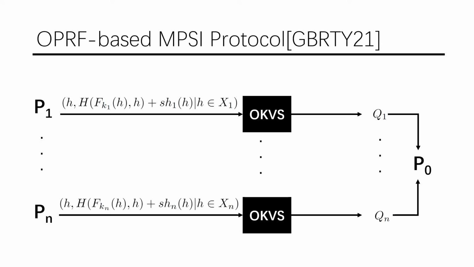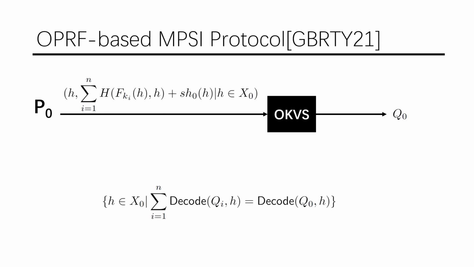Each party Pi generates an OKVS Qi, where decode of Qi at x is the OPRF output on x masked by the zero-share SHI(x), for every x in X. Only if all parties hold an element do the shares cancel out, revealing the presence of all OPRF outputs.